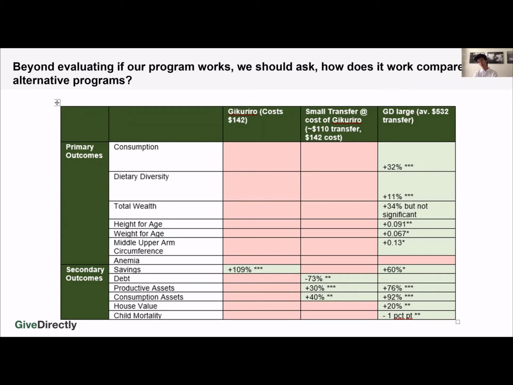And on the right column, we see a large cash transfer, about $532. So those are what those 3 columns mean. On the left, we have nutritional outcomes, which are called the primary outcomes, and at the bottom, secondary outcomes, the economic improvements that we were trying to achieve.